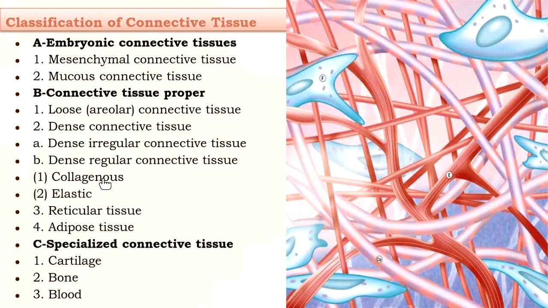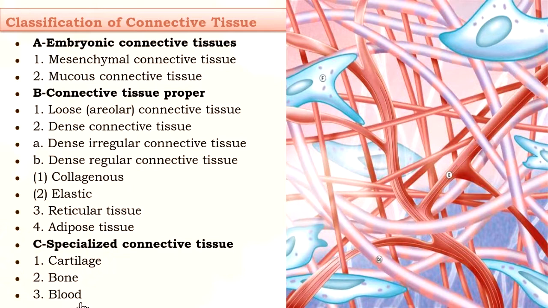When we talk about dense, regular, elastic connective tissue, there will be more proportion of the elastic fibers. Am I clear? In adipose tissue, you will have the fat cells. Then specialized connective tissue that can be cartilage, bone or blood. These three will be covered in separate topics: cartilage, bone and blood.